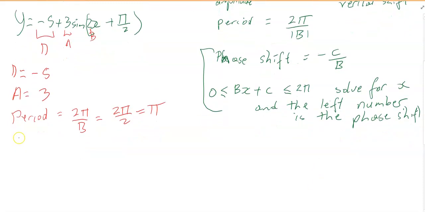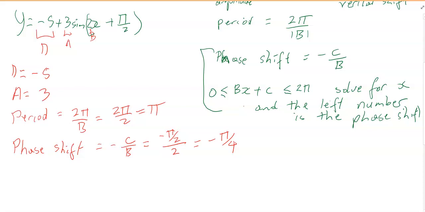Then the phase shift would be -c over b, and c was pi over 2, so it's -pi over 2 over 2, which gives us -pi over 4. So we found all those parts.